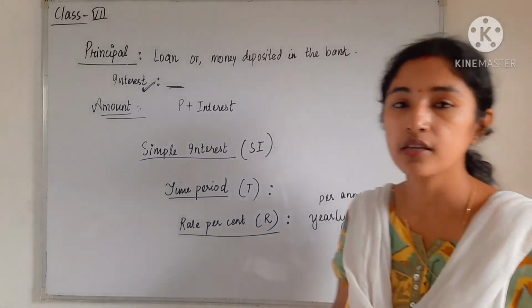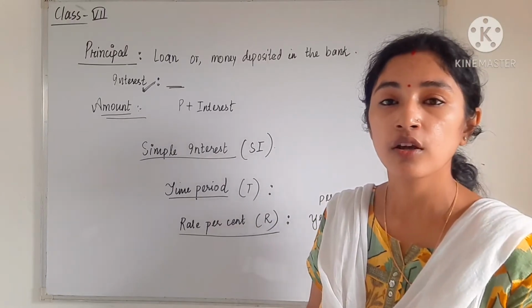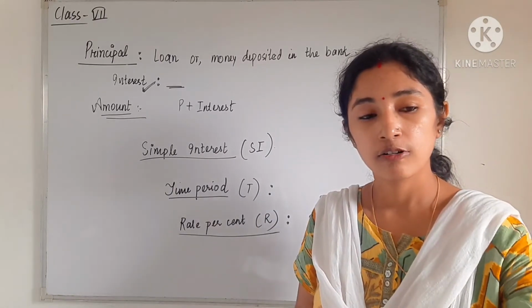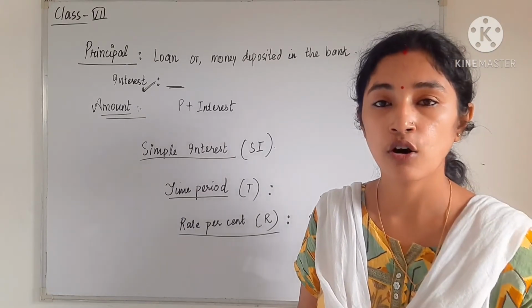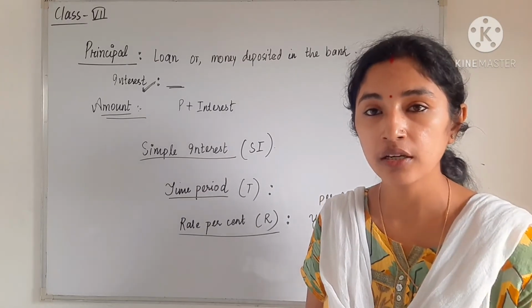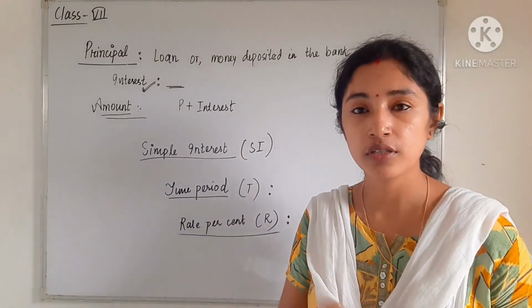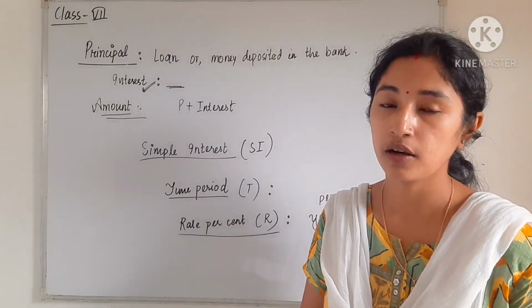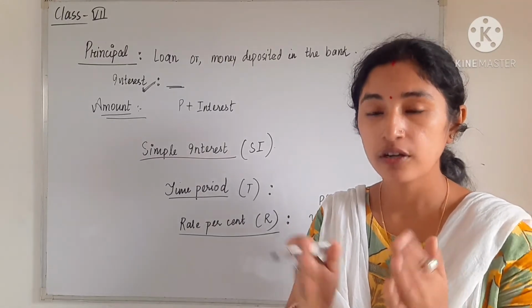So again I am discussing the points. See, the first point was principal. Principal is the amount of money which we want to take as a loan from the bank or from a money lender who gives money, or it can be money deposited in the bank, that is called the principal. Interest is the amount which is added for a certain period of time.